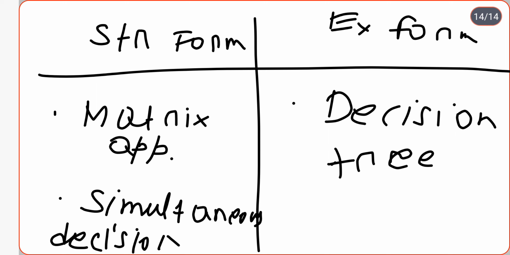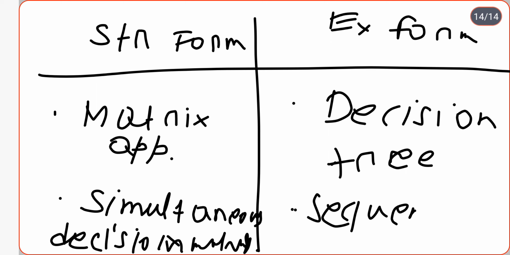So this is simultaneous decision making, and this is sequential decision making. That means the other criminal knows about the decision taken by the first one. So each criminal, or any of the criminals, is aware of the decision taken by the other criminal. So that is sequential decision making.